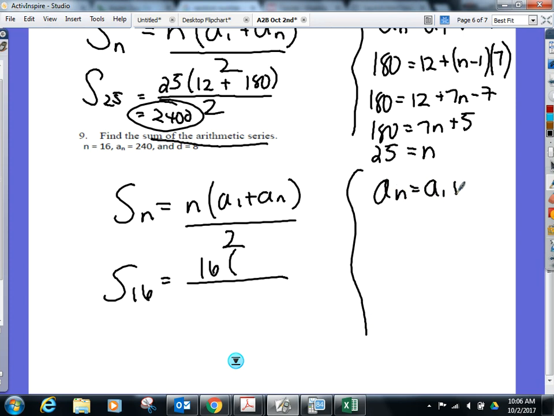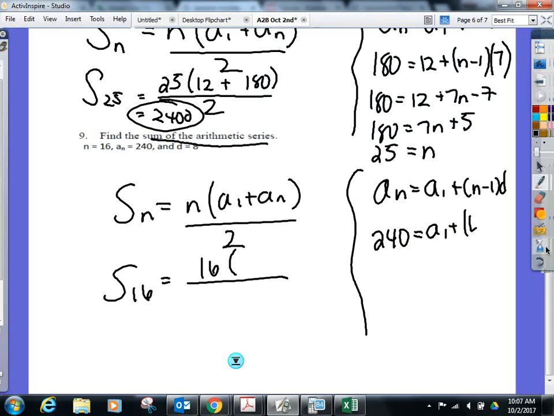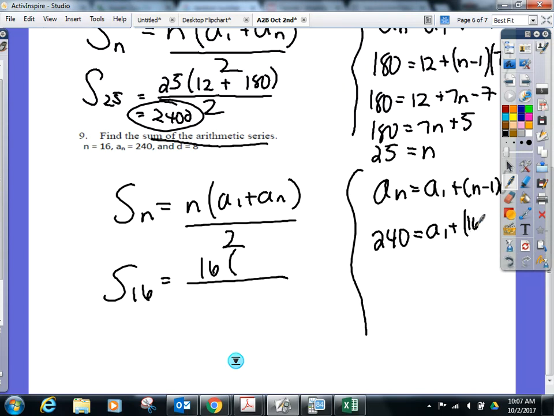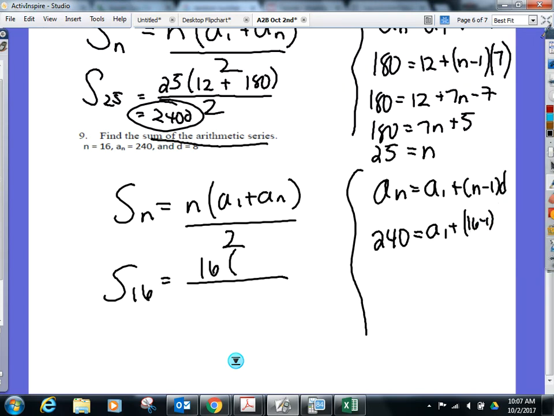So I'm going to plug in for everything except for A subscript 1. So give me A sub n here. 240 equals first term plus, what's my n value again? 16 minus 1. And then what's the d value, also given? 8. Solve for the first term.